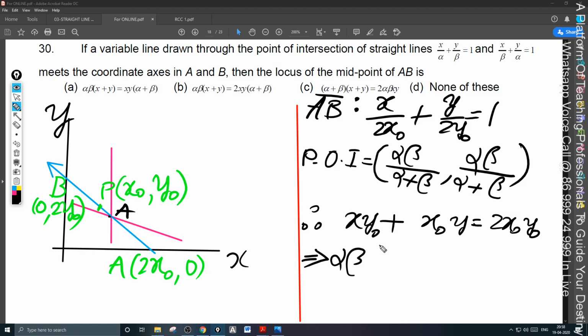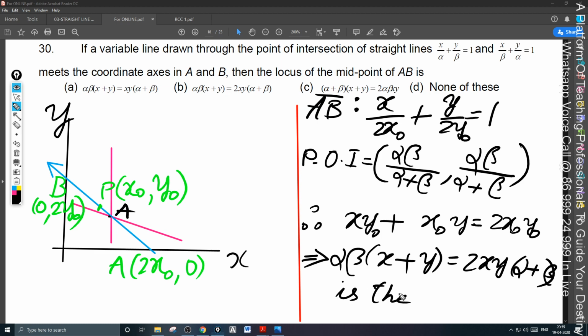If we take alpha beta common, we get alpha beta into x plus y is equal to 2xy into alpha plus beta, which is the locus. Check the option. Alpha beta into x plus y is equal to xy into alpha plus beta. Option B is the answer.